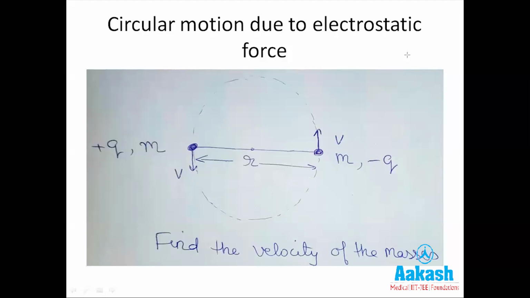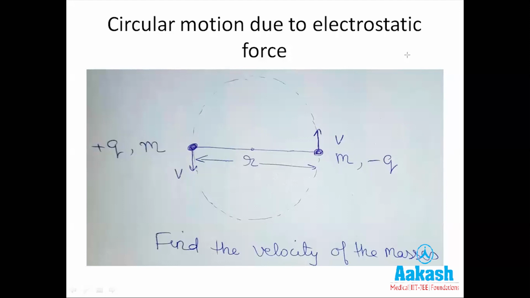Another type of questions involve circular motion due to electrostatic force. Now, as you can see in this question, there are two particles having masses m, and one has a charge q while other has a charge minus q. So they have asked us what is the velocity with which these two particles will be rotating about their common center.